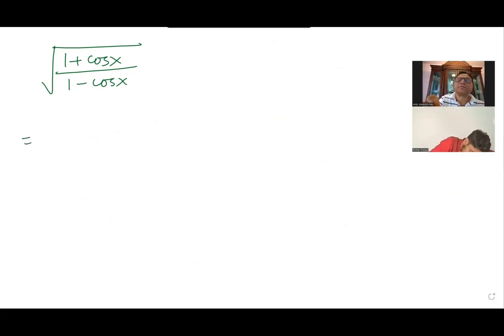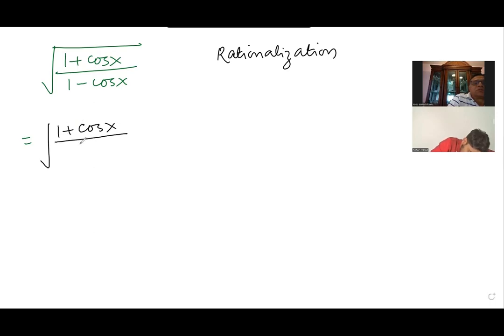So 1 plus cos x over 1 minus cos of x. Would it be the square root of 1 plus cos of x over 1 minus cos of x?